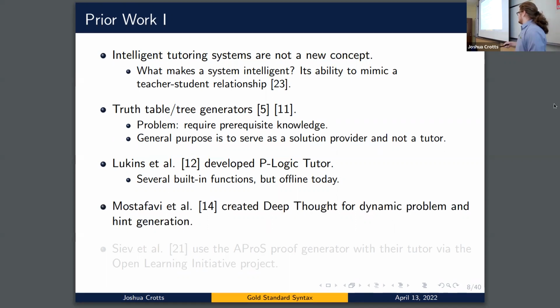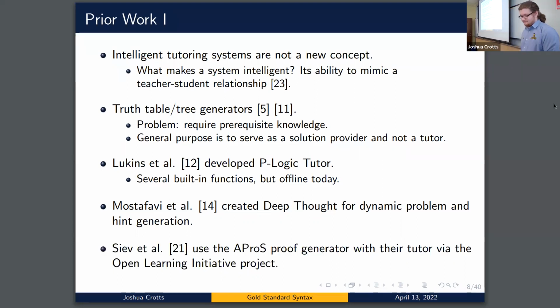At NC State, there's a project called Deep Thought, a data-driven project for generating dynamic problems and dynamic hints. If a student is struggling with something in particular, the system can generate hints for that particular problem or concept. The same goes for problems.